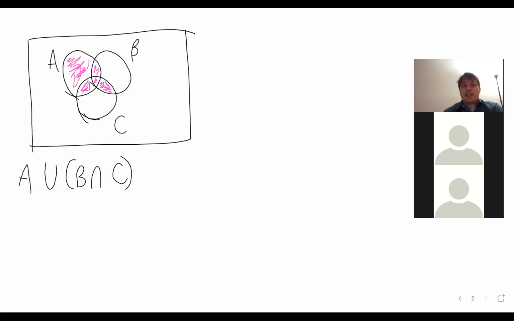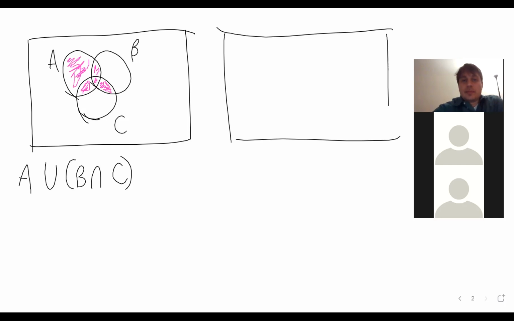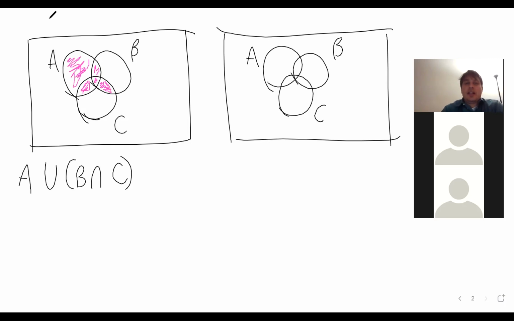Okay, and you see how A union B intersection C is that. And then A, B, C again.